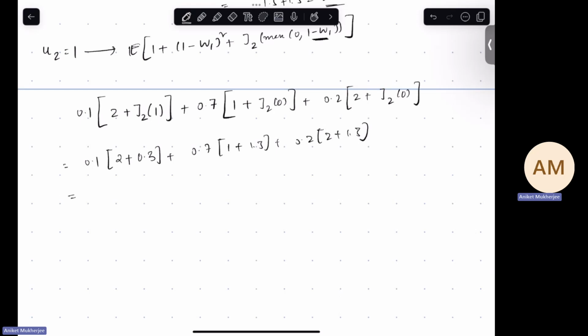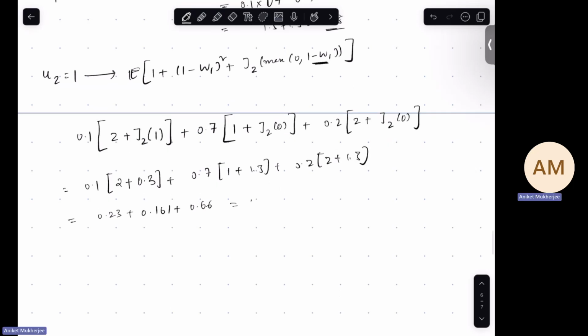So this is 2.3 into 0.1, 0.23, plus 2.3 into 0.7, plus 2.3 into 0.2, 0.66, which gives 1.051 something.